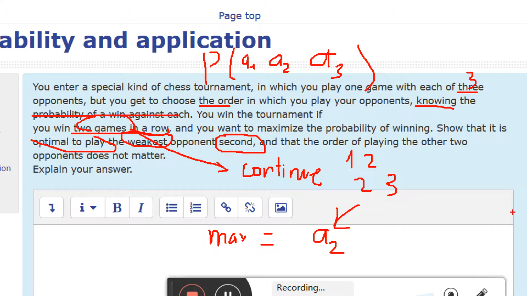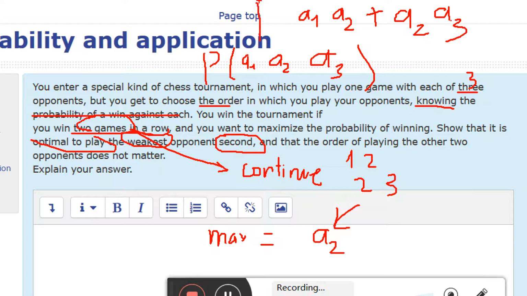So you play him second, it means that you win A1 and A2, plus A2 and A3.